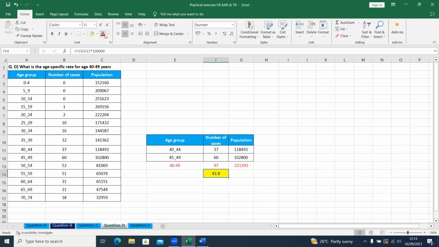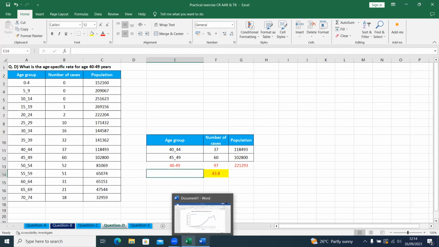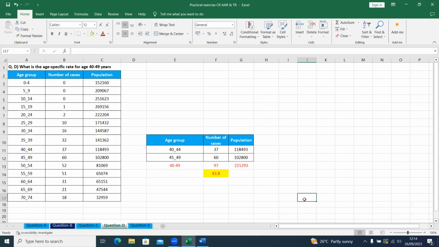How many participants are able to calculate this answer rate? Is it clear to Tanu? You have given the 31.2 and 58.3.